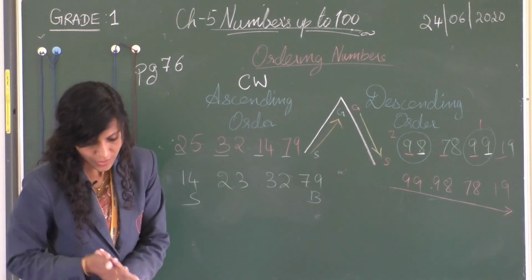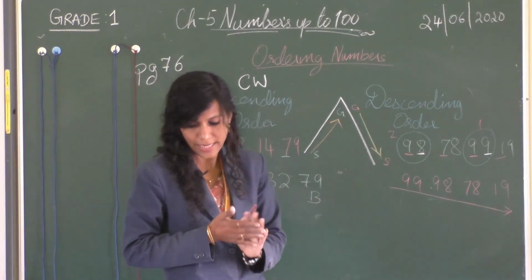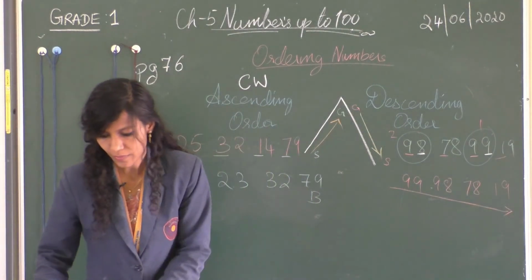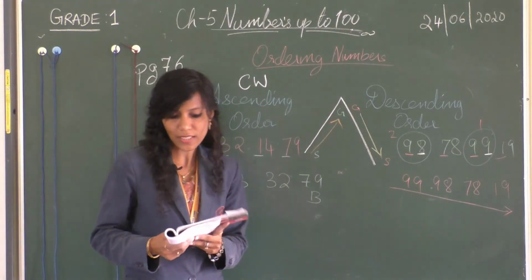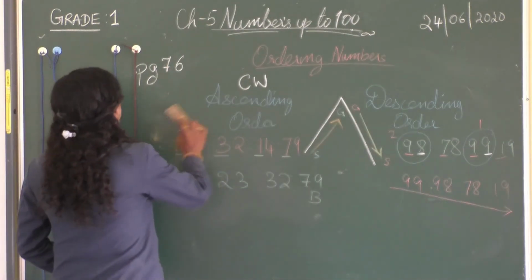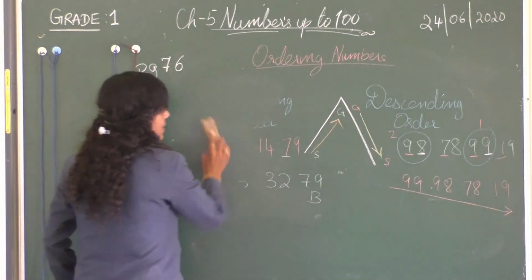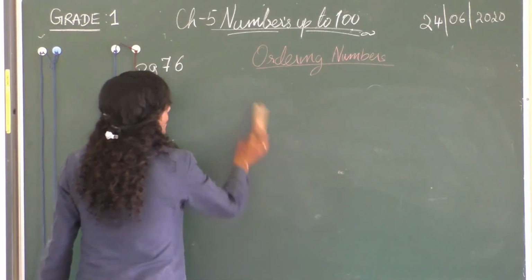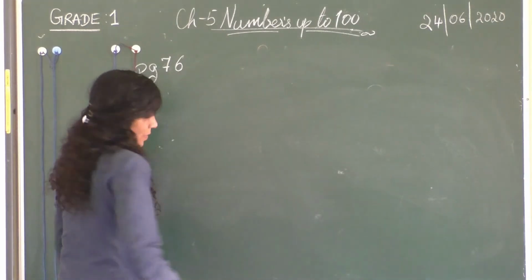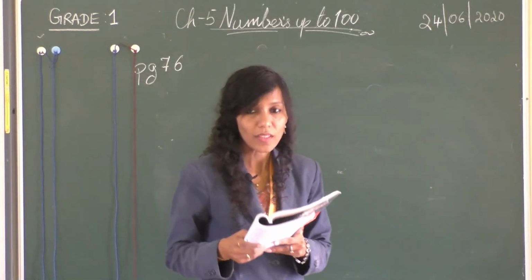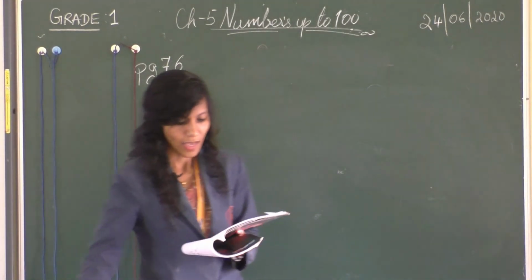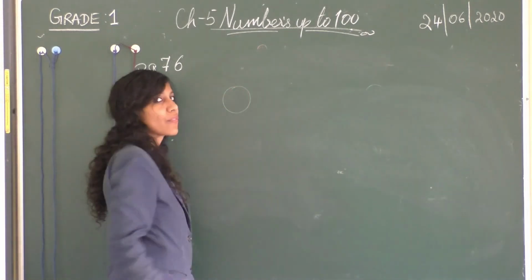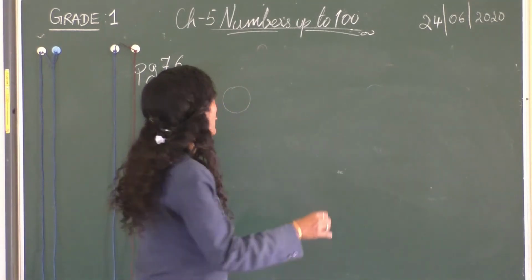Next, we have few sums under that. Workout sheets are there. In these workout sheets, we have a few interesting sums. Let's see what. We have two circles, and these circles are a pack of 10.